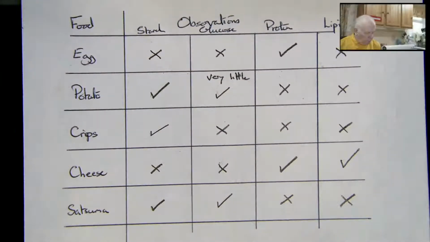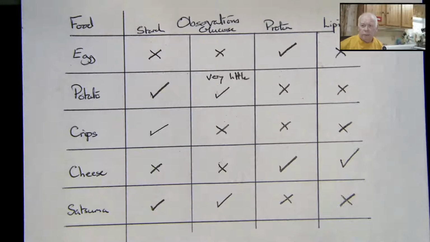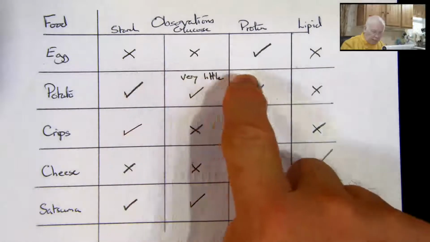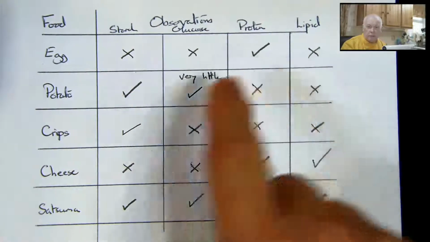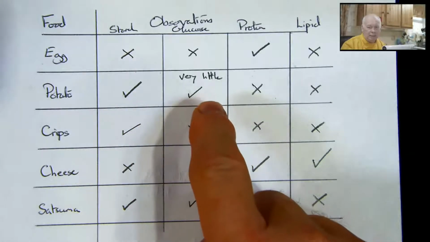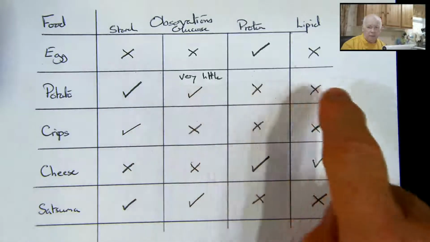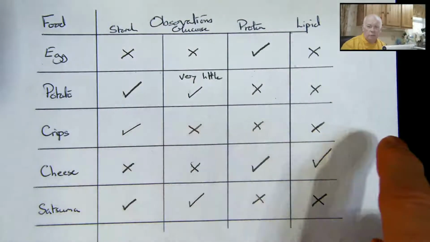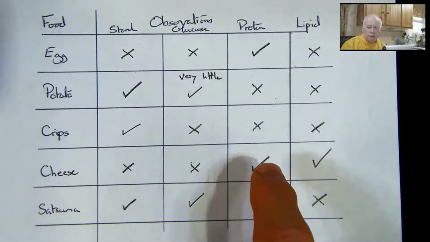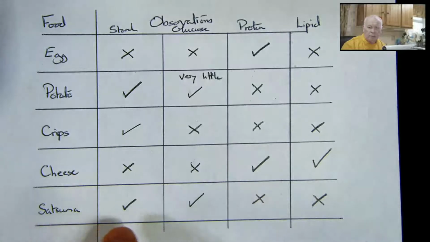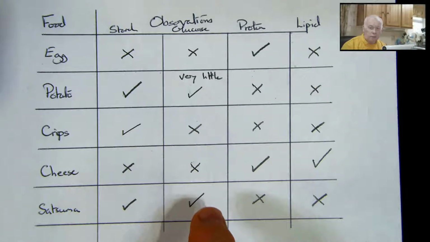So our core practical done, and this has got egg containing protein, potato containing starch, maybe a little glucose in there, crisps containing starch, cheese containing some protein and some fat, and the Satsuma containing a little starch and some glucose.